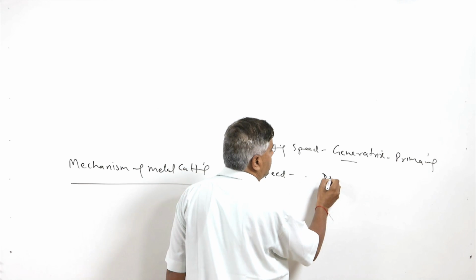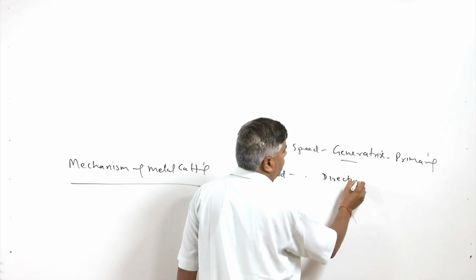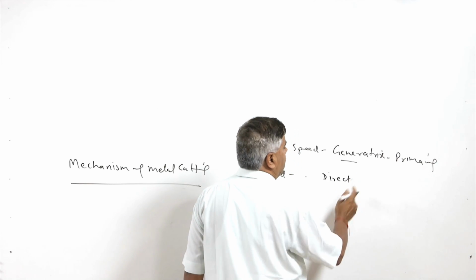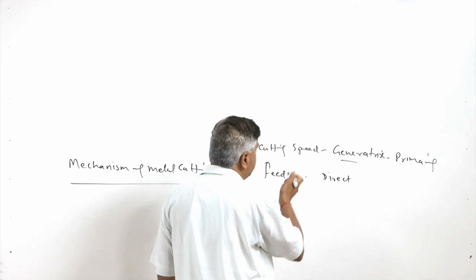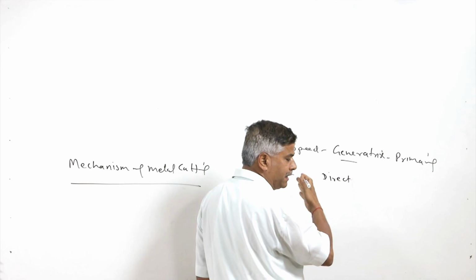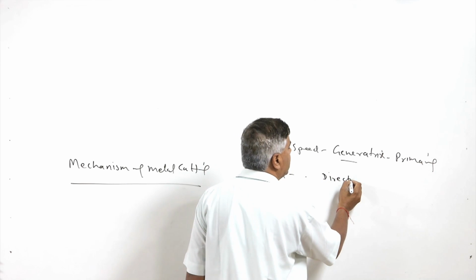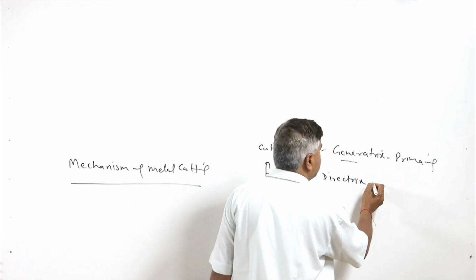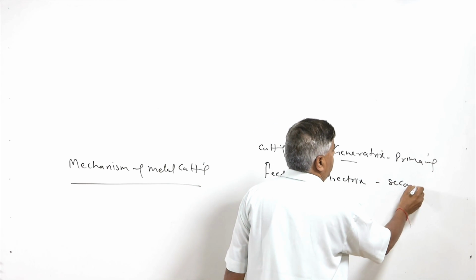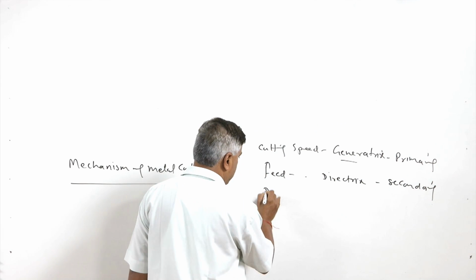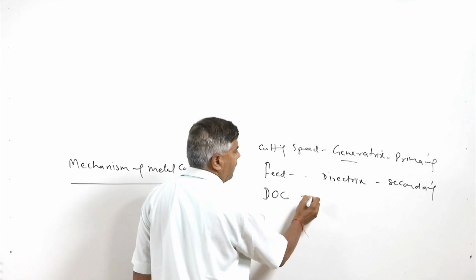This lateral movement leads to the coverage of the entire range of the material to be machined, and it causes the directrix. This is called the secondary motion. And then there is the depth of cut.